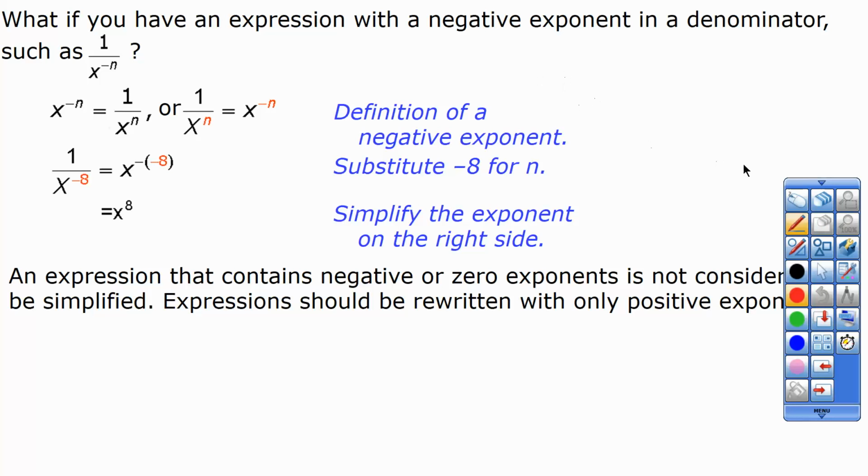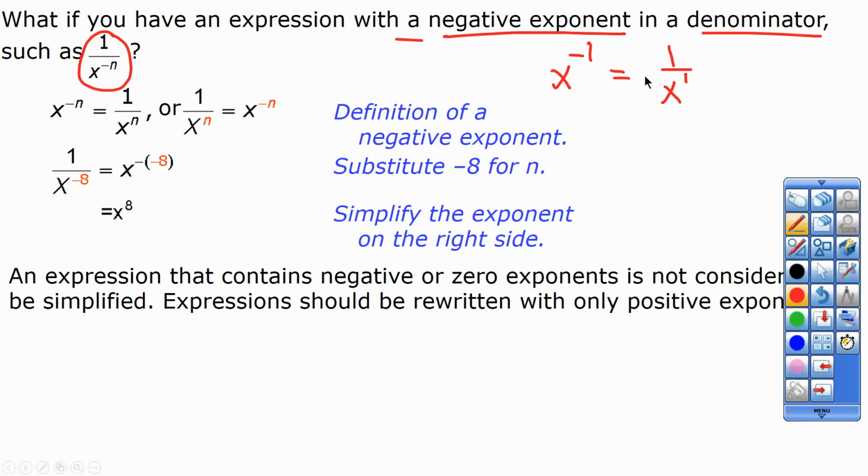So we have been dealing with things where it's x to the negative 1, and then we end up with 1 over x to the positive 1. But what if you have an expression with a negative exponent in the denominator of a fraction? So you have 1 over x to the negative n.